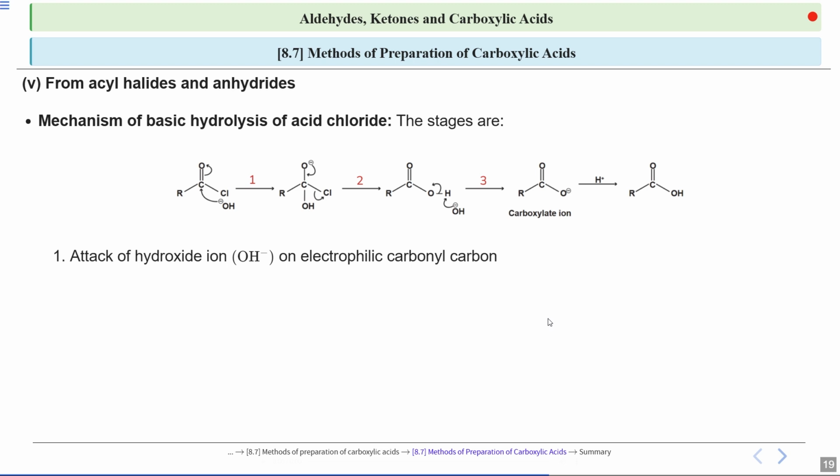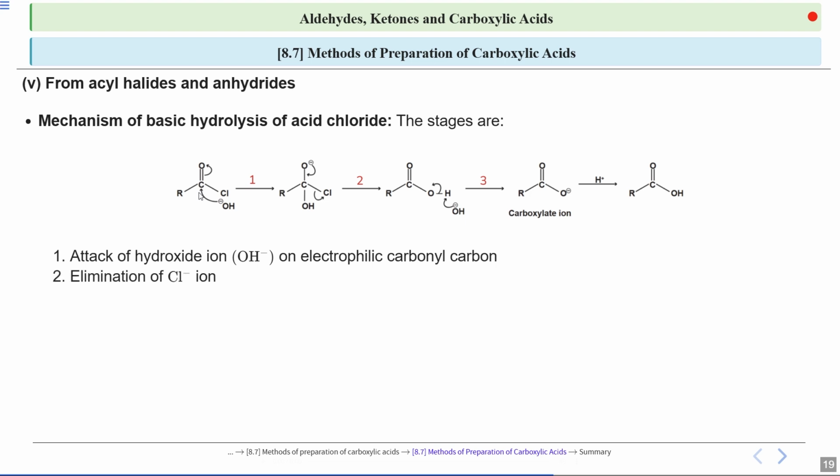First is the attack of the hydroxide ion on the electrophilic carbonyl carbon. The hydroxide ion, which is a strong nucleophile, initiates the reaction by attacking the carbon atom, which is partially positive due to the electronegative oxygen. So you will see that this OH minus ion attacks the carbonyl carbon.